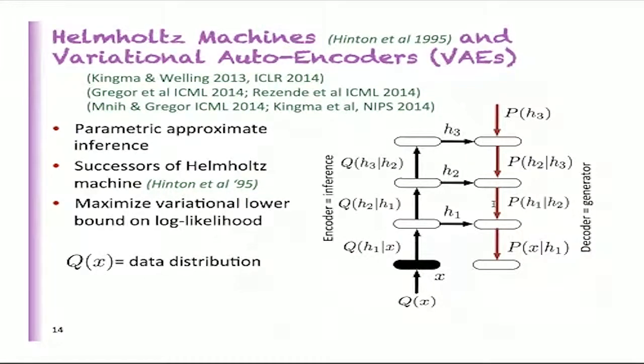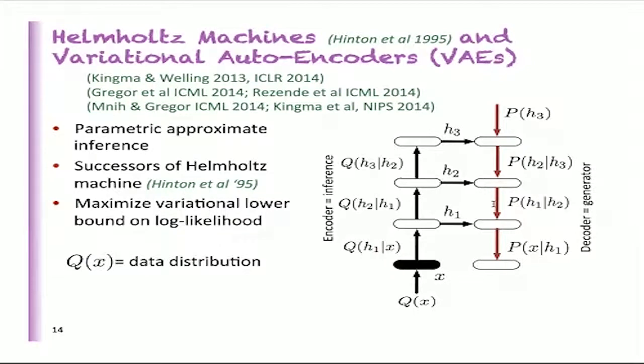So actually, a very old type of generative model that is related to the GAN is called the Helmholtz machine, and that dates back to the mid-90s. A current descendant of this is the variational autoencoder, for which there's a rich recent literature, which started around 2014.